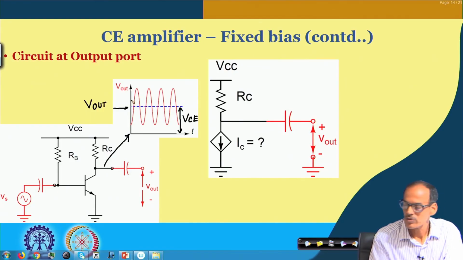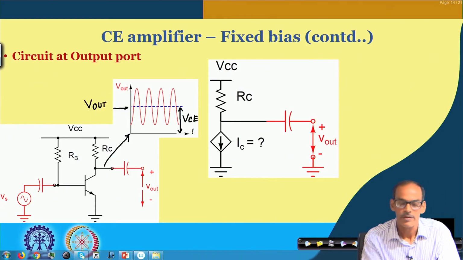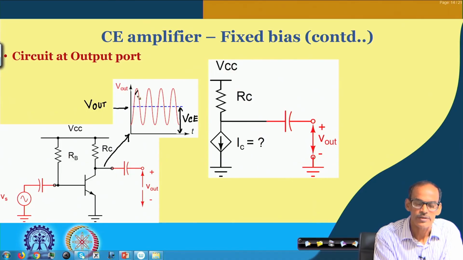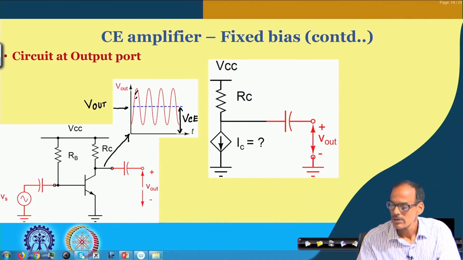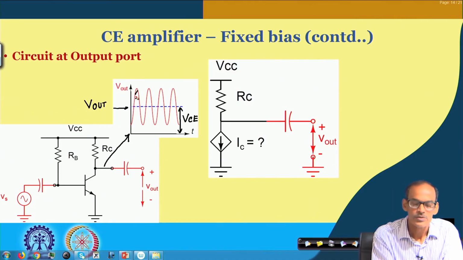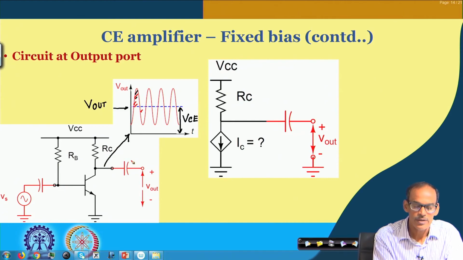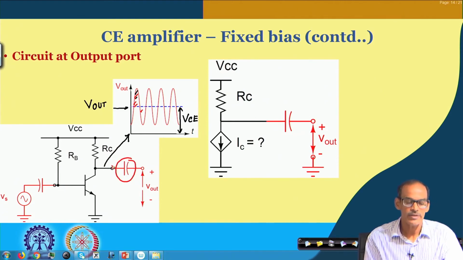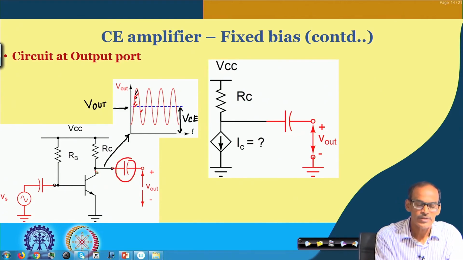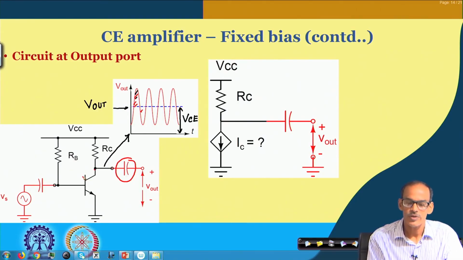On top of that, we have the small signal here. Of course, we can extract this small signal by placing this capacitor. We will see that part, but initially the DC part.